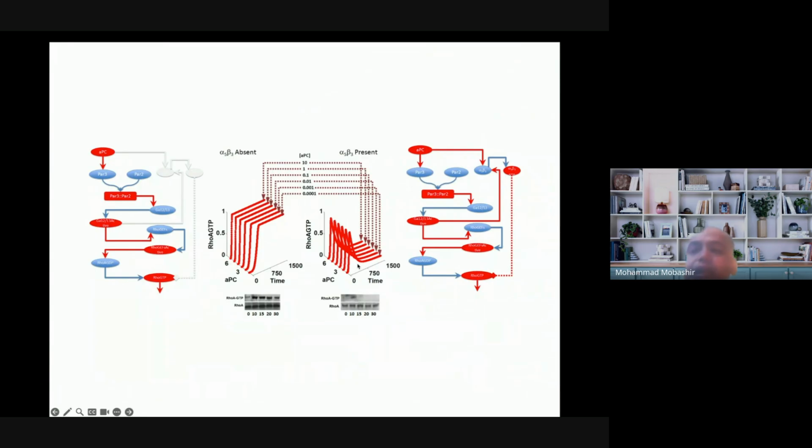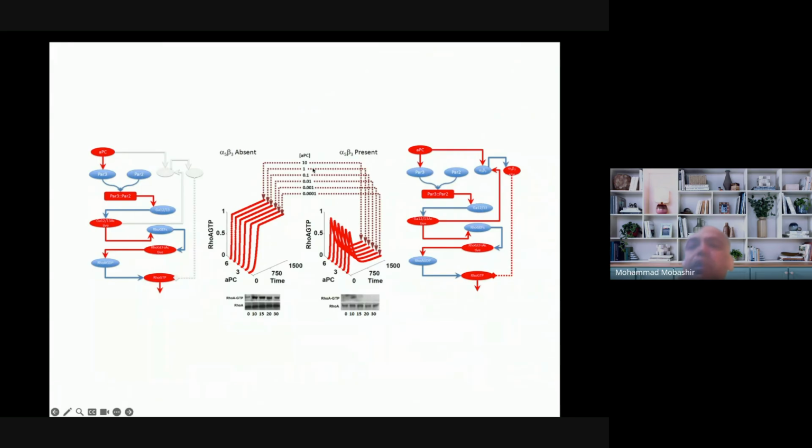And in the same way, we could see in our computational model, the signaling is continuous, and here the signaling is completely transient. That is in the form of a peak. And the difference in the model is this part is not working properly in case of type 2 diabetes. So here we could say alpha 5 beta 3 protein is not working. That means it is absent in case of diabetic condition.